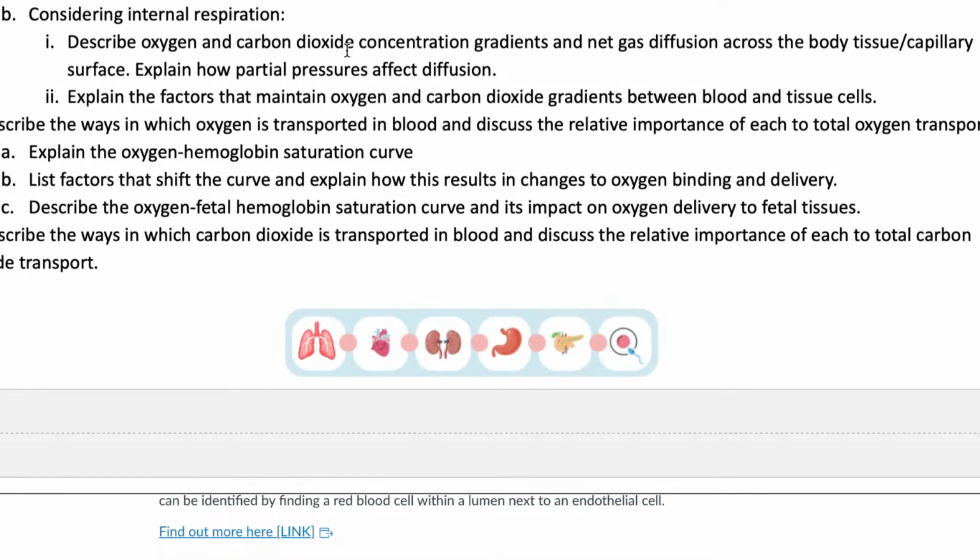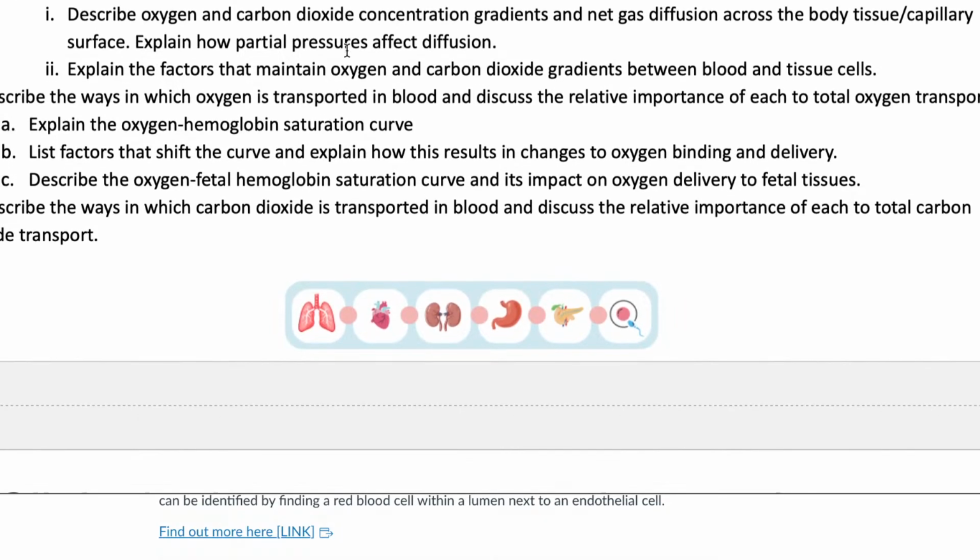Considering the internal respiration, describe oxygen and carbon dioxide concentration gradients across body tissue capillary surface. All right. This is kind of like the same thing as what I mentioned before. There's going to be more oxygen in the blood, and it's going to diffuse into body tissues.